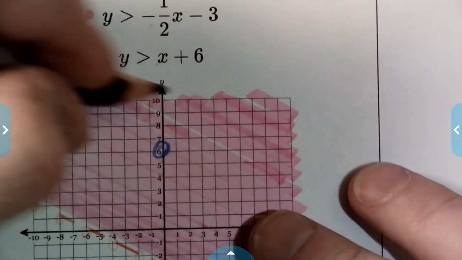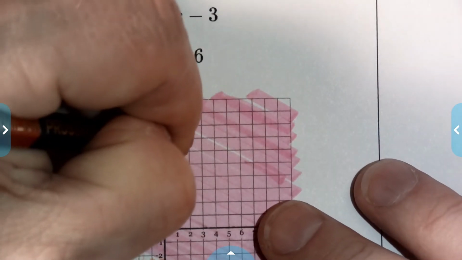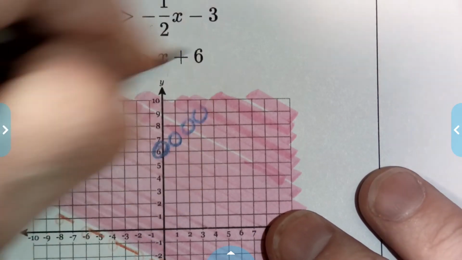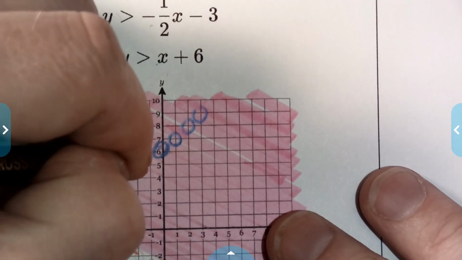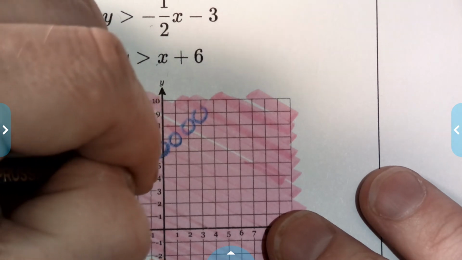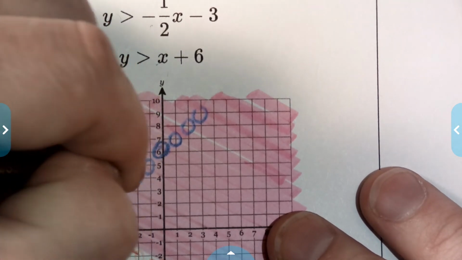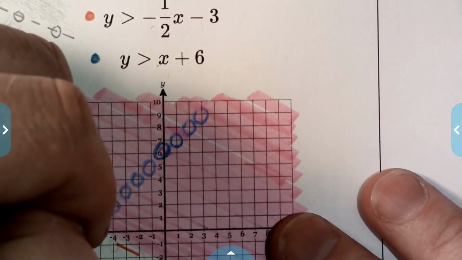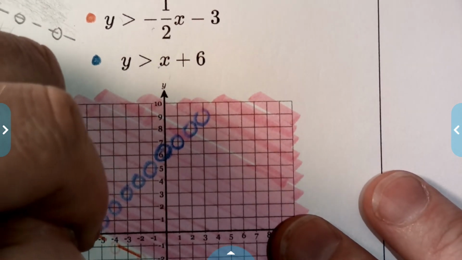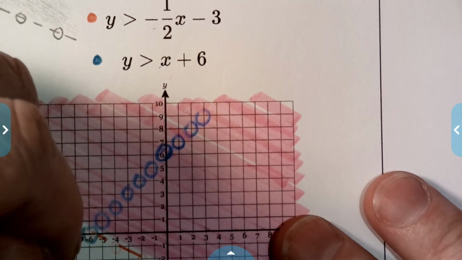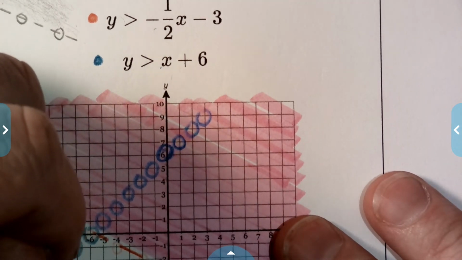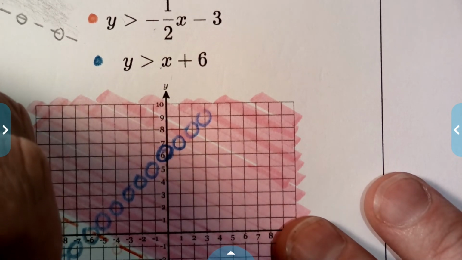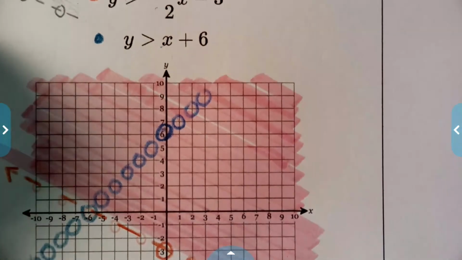So it's just one of these 45-degree lines, kind of like that, okay?